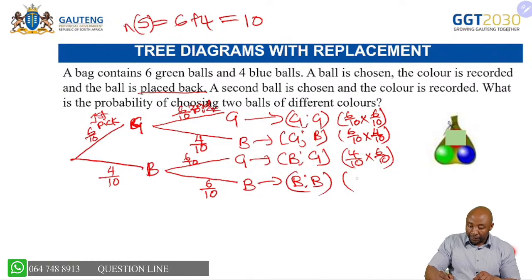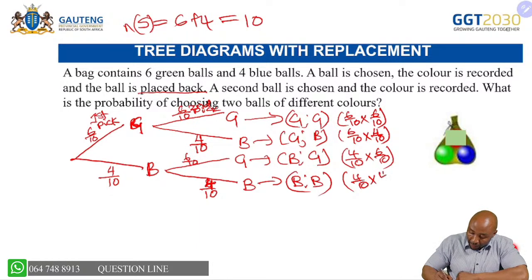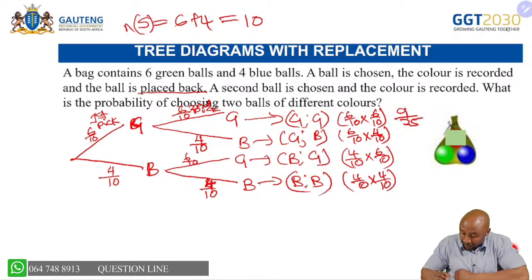Then we also have 4 out of 10 multiplied by, here it must be 4, 4 out of 10 multiplied by 4 out of 10. We can simplify this using a calculator. That will give us 36 over 100, and 36 over 100, 4 is a factor, that will give us 9 over 25.